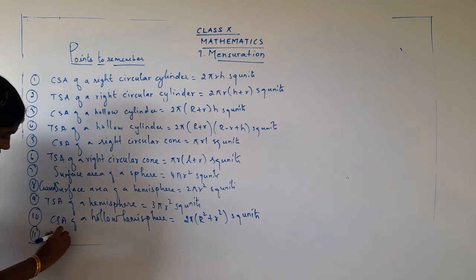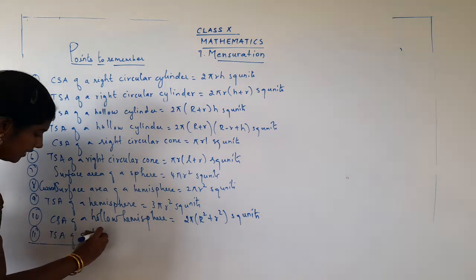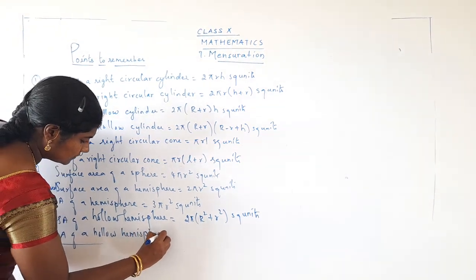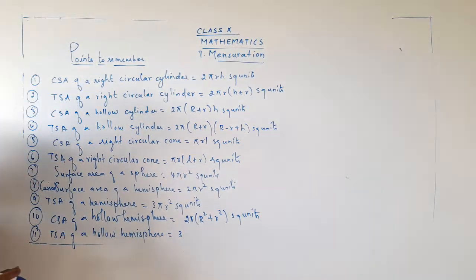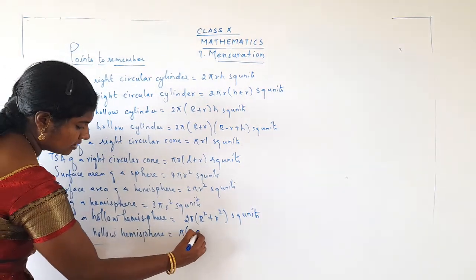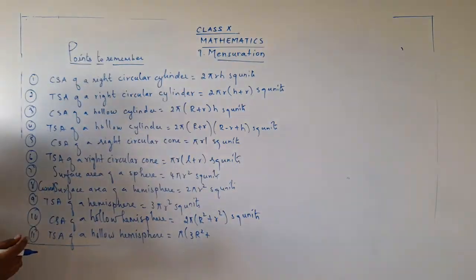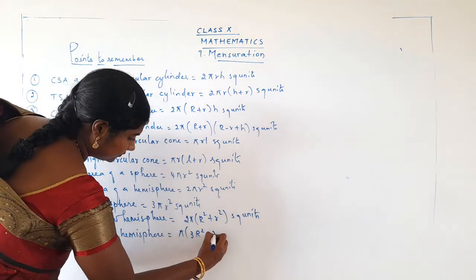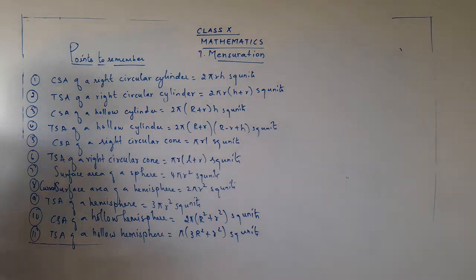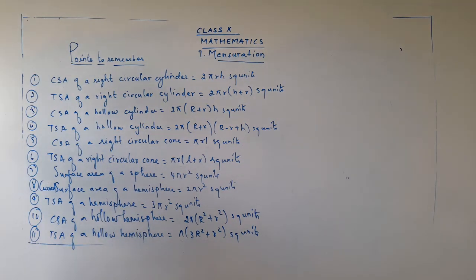Then the TSA of a hollow hemisphere is equal to pi (3 r square plus r square) units.